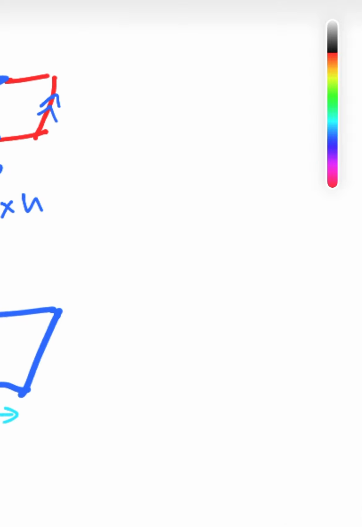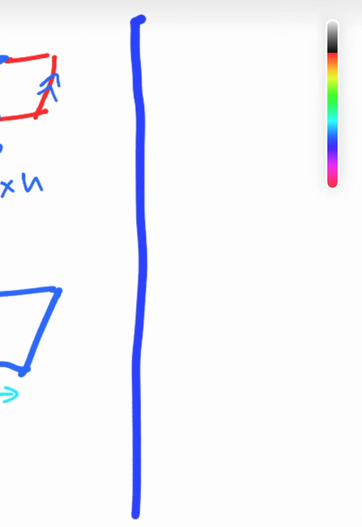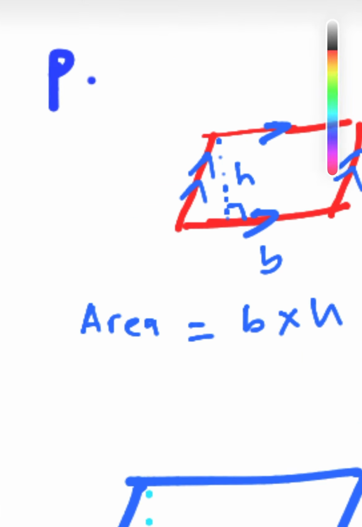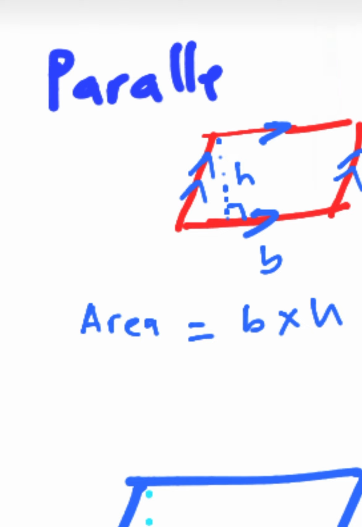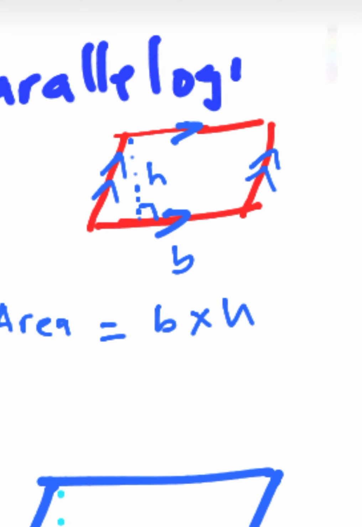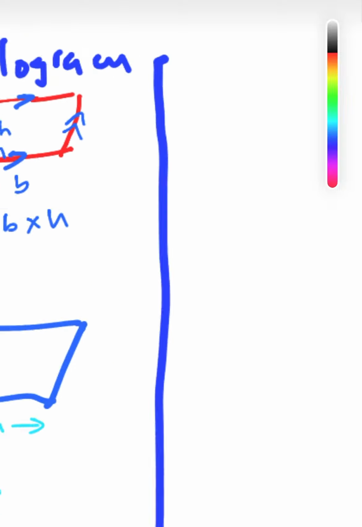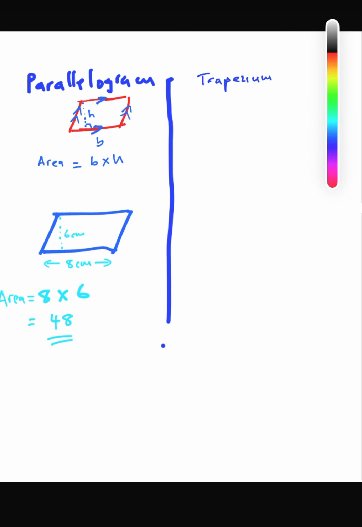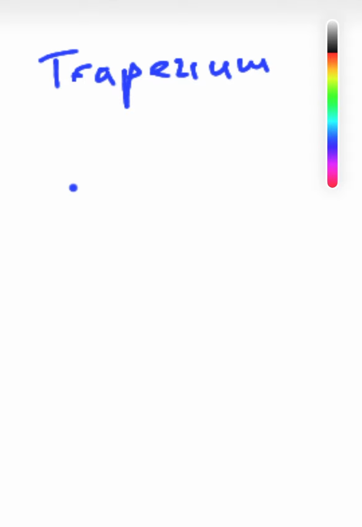So if I'm going to take a trapezium, a trapezium has parallel sides, but only one set of them. The other ones are not parallel.